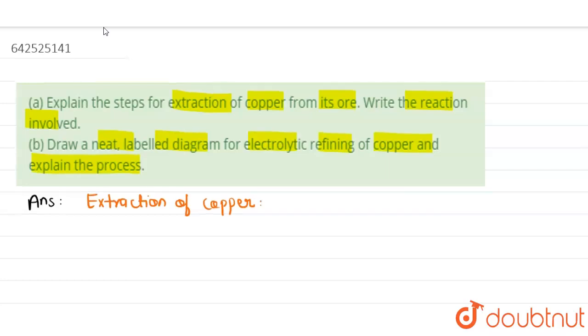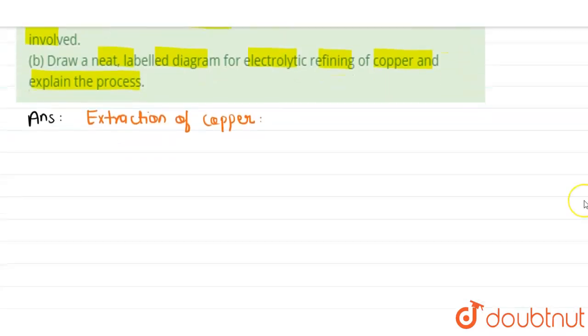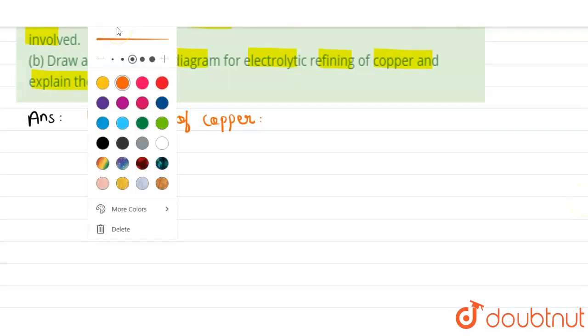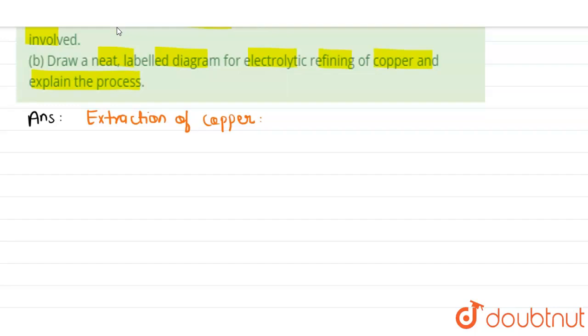The first step is we have copper pyrite, which is an ore of copper from which copper is extracted. Copper pyrite is CuFeS2.